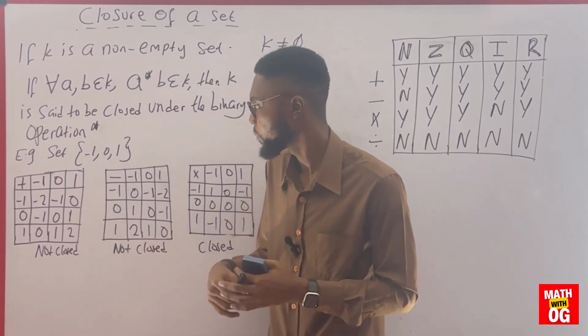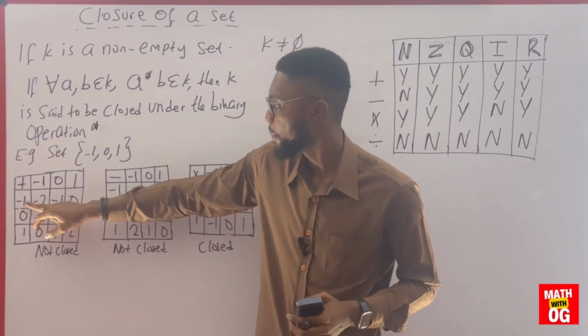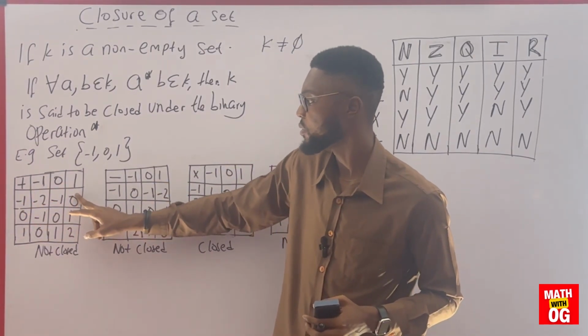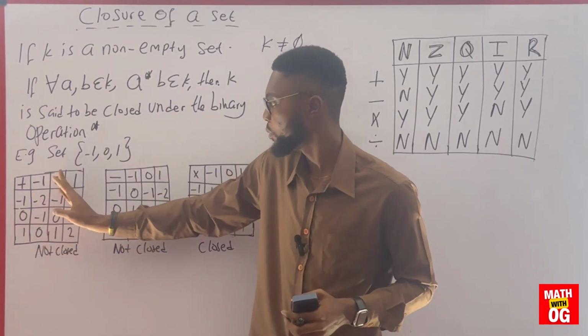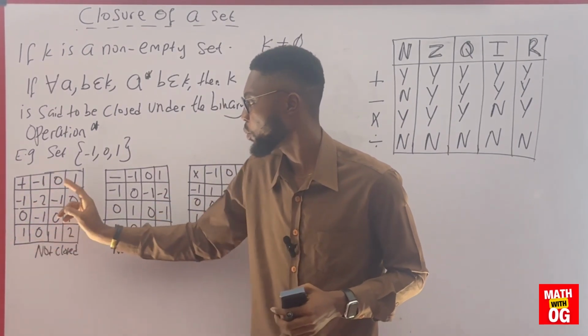Now look at this. This is for addition. You can see that -1 is added to -1 to give you -2. -1 is added to 0 to give you -1. -1 plus 1 will give you 0. 0 plus this, 0 plus this, 0 plus this. 1 plus -1, 1 plus 0, and 1 plus 1.